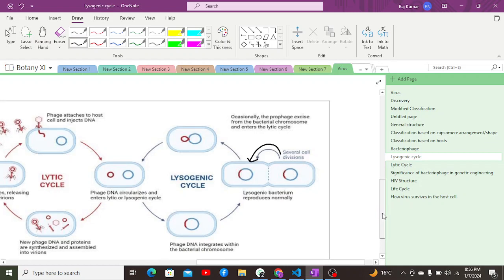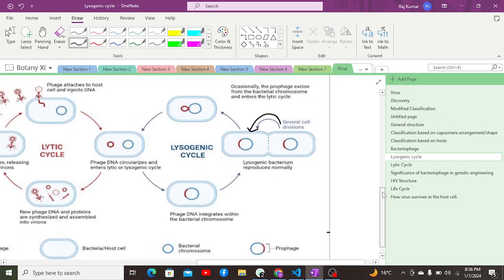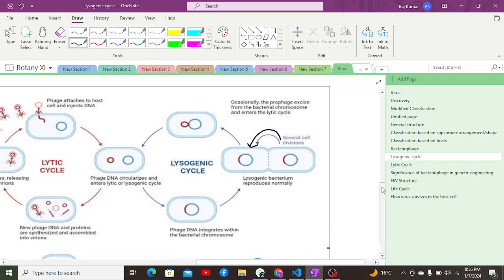After facing these unfavorable circumstances, the virus comes out of its lysogenic cycle and converts back into its lytic phase.